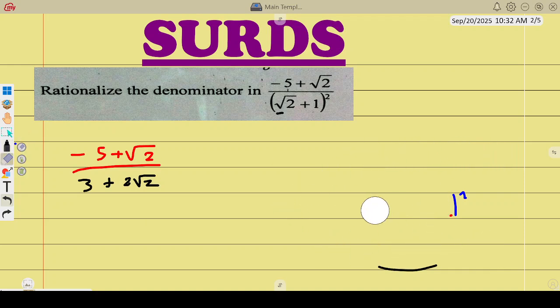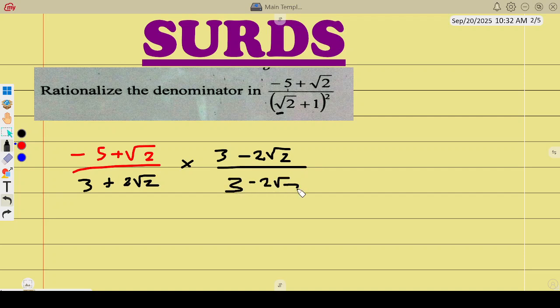So you really have to be smart and work very fast with mathematics. So now at this point we're just going to multiply by the conjugate. So this will be 3, 2 root 2, 3, 2 root 2. So the conjugate, always remember, here we have a plus, meaning we're going to have a minus.